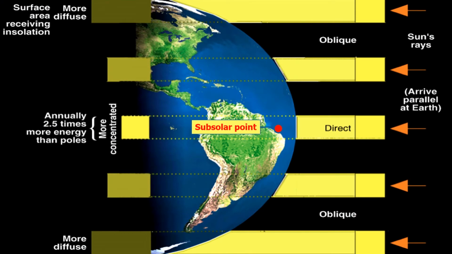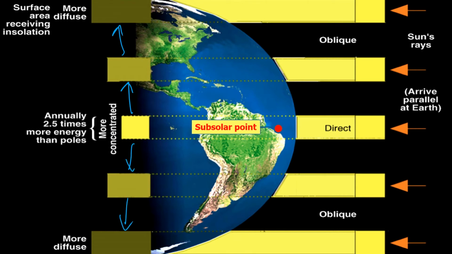So the equator, which is right here in the center, is where the subsolar point is, where the sun will shine directly on the earth during the equinoxes. And I love this diagram because you can really see that as you go up, the sunlight becomes more and more diffuse.